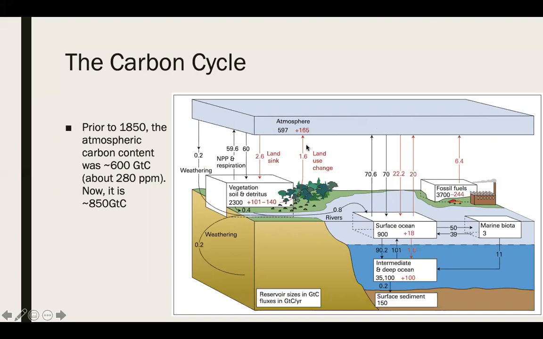So then what's up with all these other red arrows? Well, these other red arrows are how the carbon cycle is responding to our idiocy. So humans are doing this, and the carbon cycle is like, whoa, hold on a second.